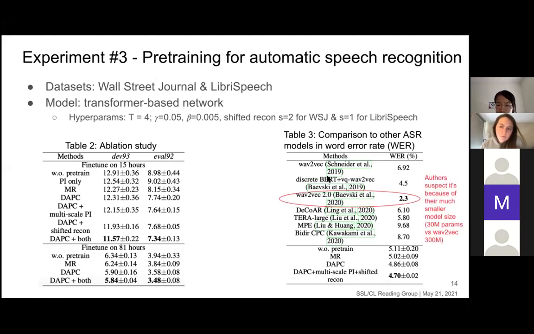In the paper, the authors suspect that it might be because of their much smaller model size. They say their model's parameters are only 30 million, whereas wave2vec has 300 million parameters.